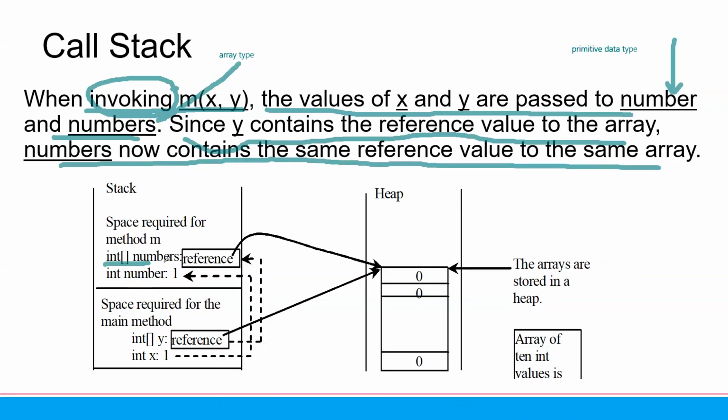If you have an array with a reference like this one, then every time you change, even though you change in the method, or if you change in another class, there will be some changes. But if it is a primitive data type, it will not change.